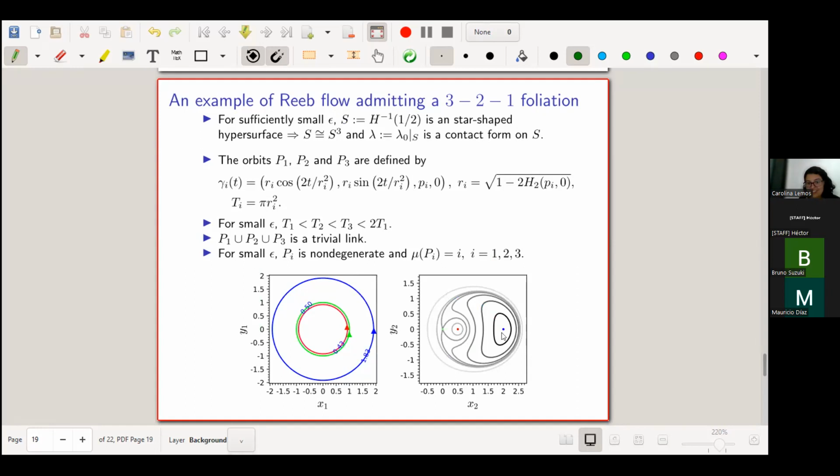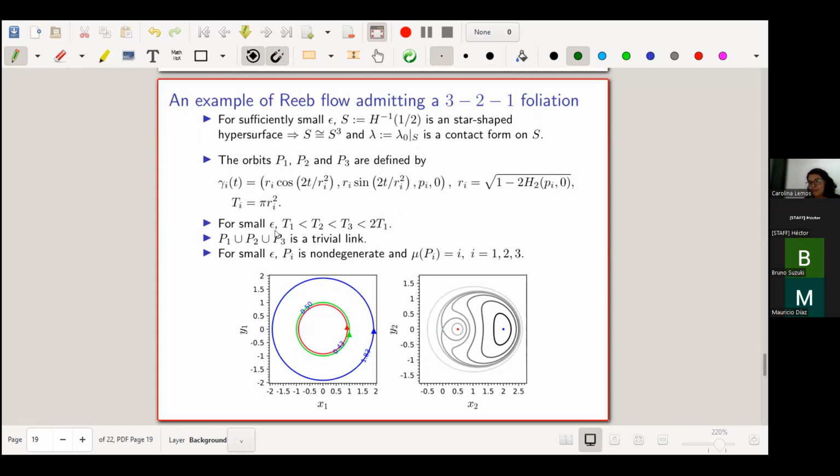We take these critical points and we take the associated orbits of the Hamiltonian such that they are in the appropriate energy level. Basically, what you see in the projections are these points, and in the other projection, these orbits. So for sufficiently small epsilon, they will really be very close. The periods will be very close.